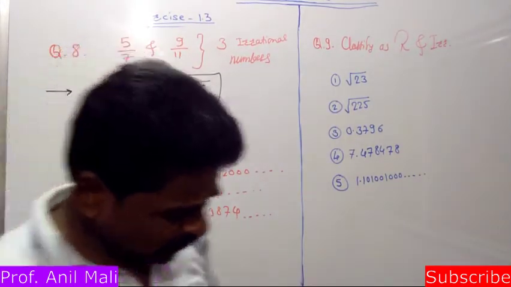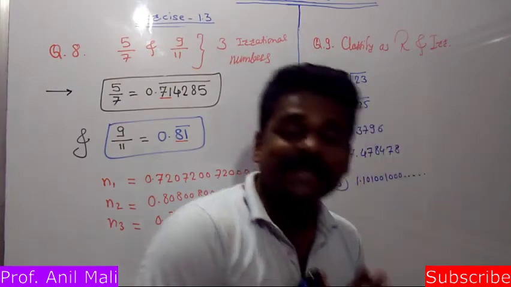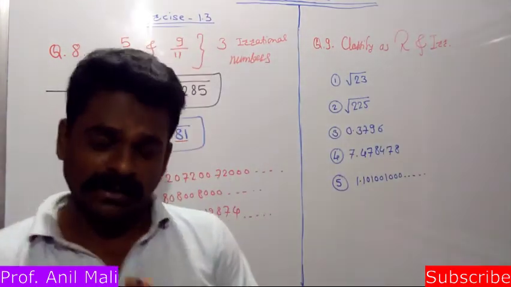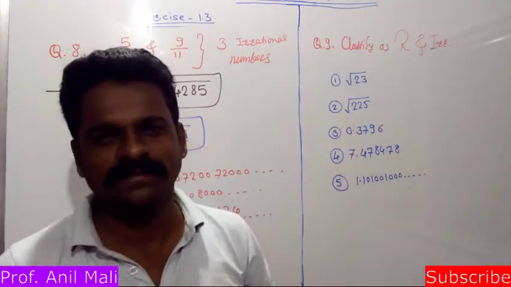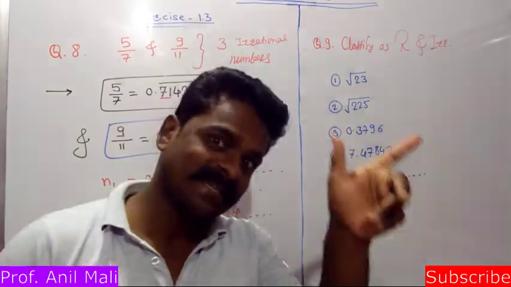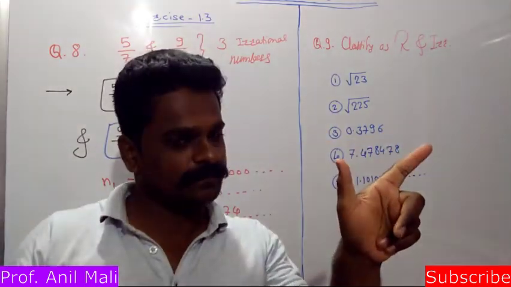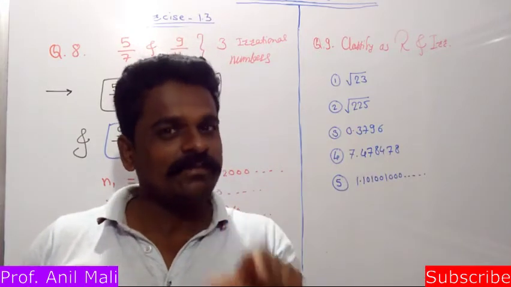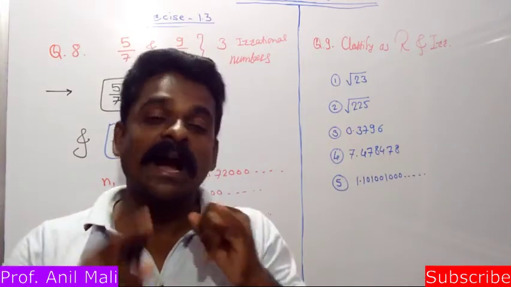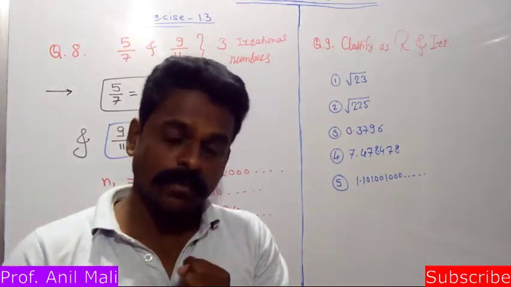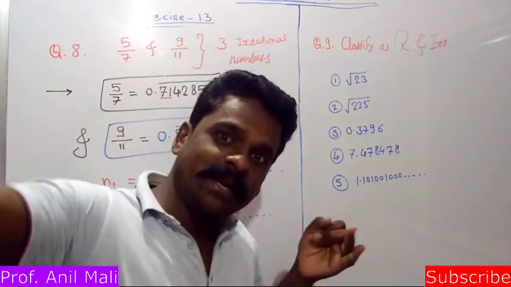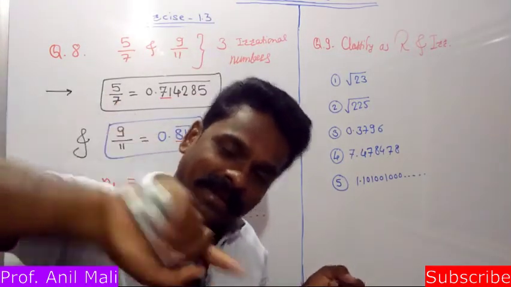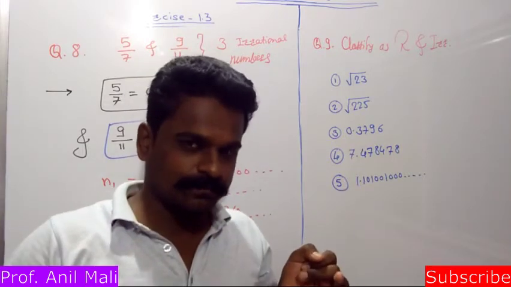First, I think you have understood what is rational and what is irrational. In rational numbers, the decimal form is either terminating or non-terminating but recurring, or repeating type.